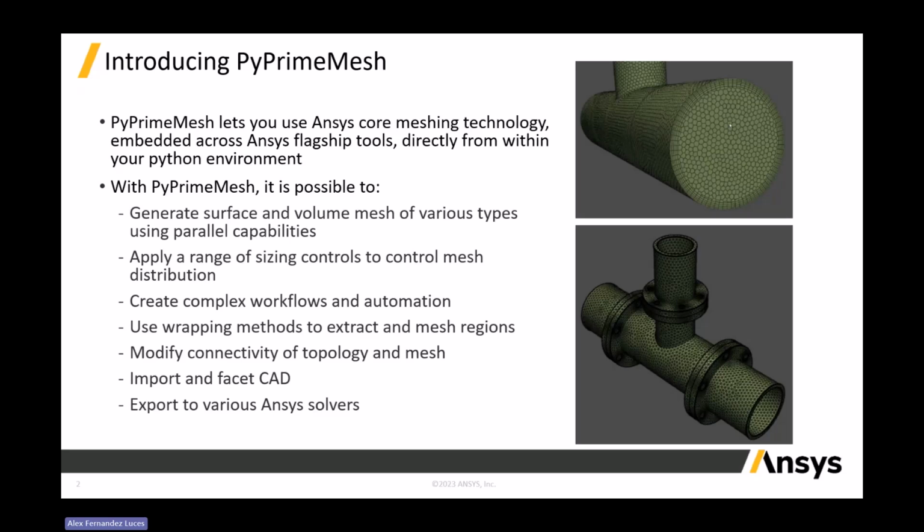It allows you to use wrapping methods to extract and mesh the regions. It allows you to modify connectivity of the topology and the meshes. And finally, it allows you to import CAD files and to export the results of your simulation to the different Ansys solvers.